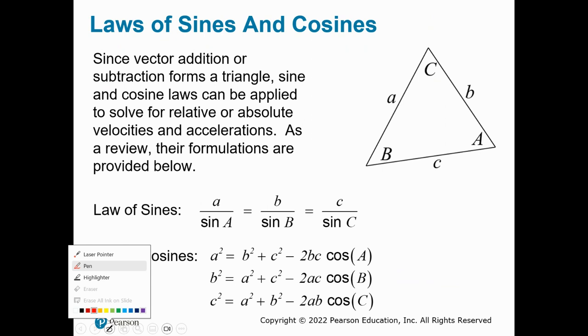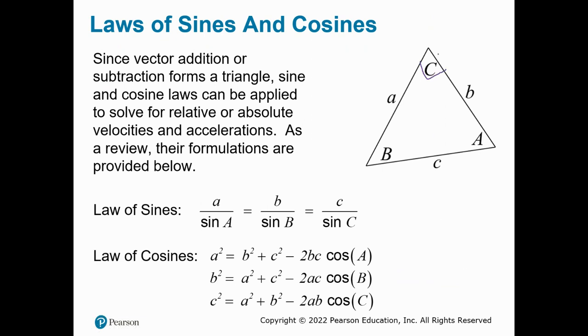One thing I want to highlight here is that, for example, if angle C down here is 90 degrees, then looking at our last equation, cosine 90 equals 0, meaning this entire term equals 0. In other words, if angle C is 90 degrees, c squared equals a squared plus b squared.